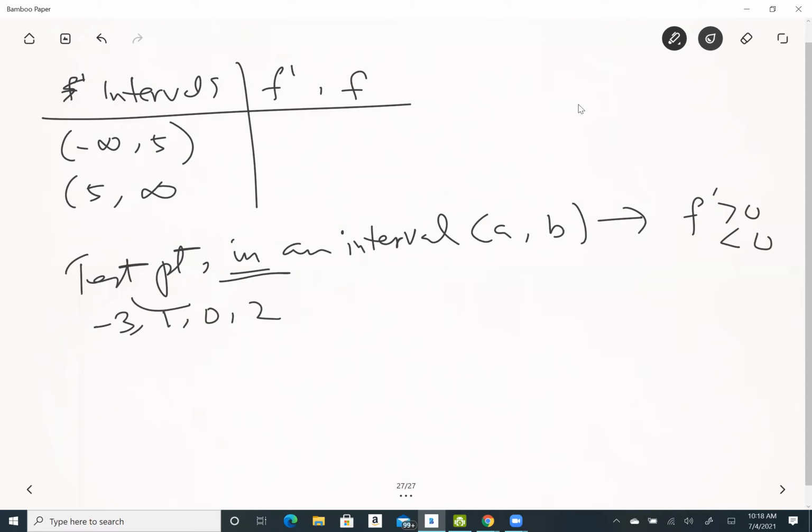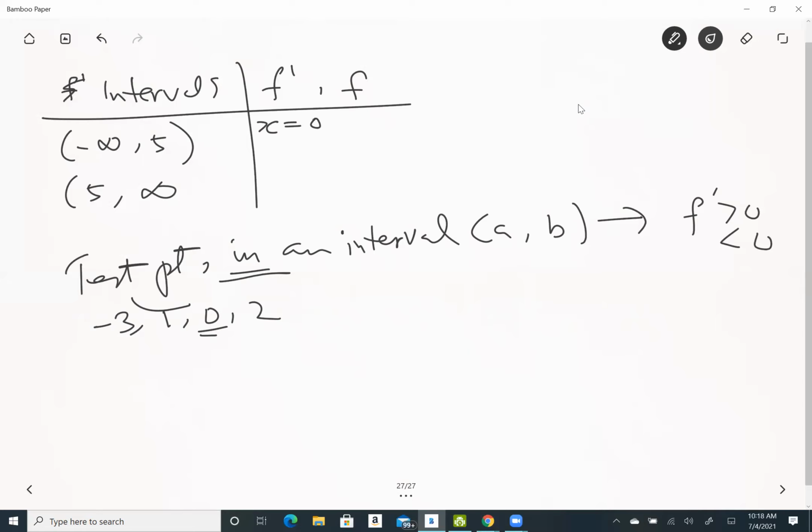When you do this, normally we go for the one that is easy to compute. Which one is the easiest to compute? 0. You can use other numbers, that's fine. But our criterion is to get the smallest number in that interval, so x equal to 0.